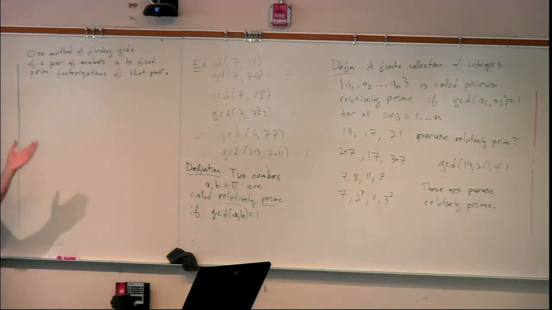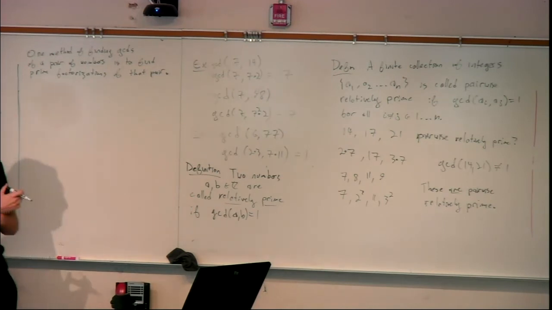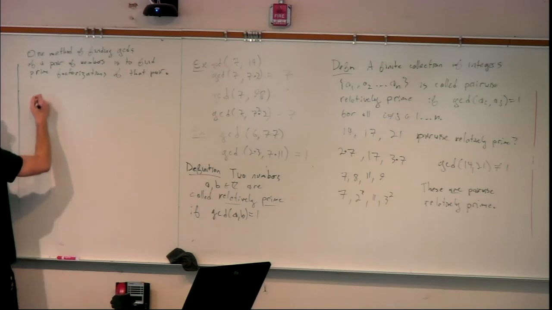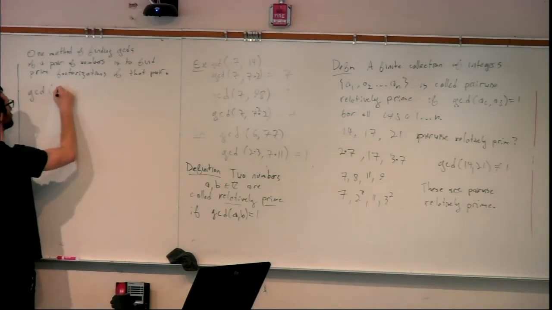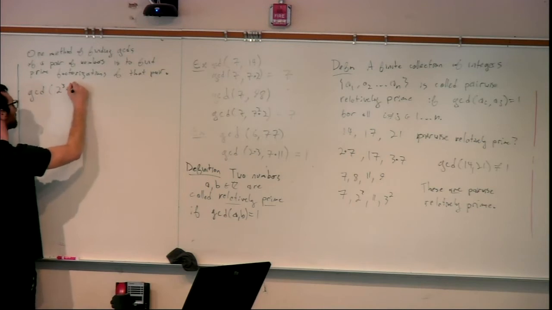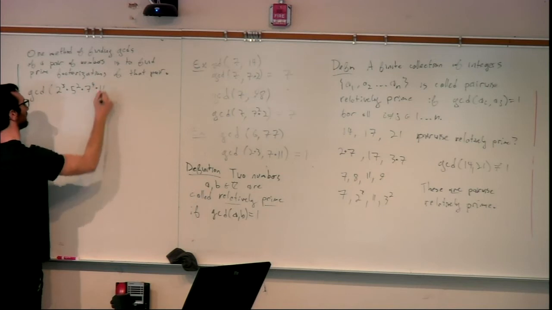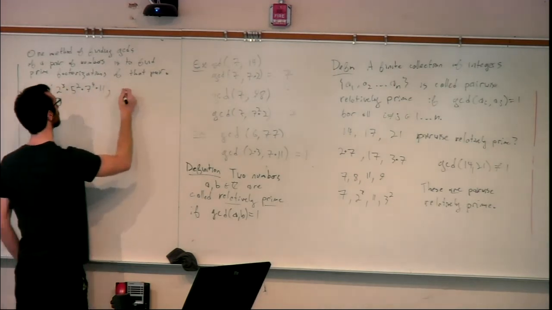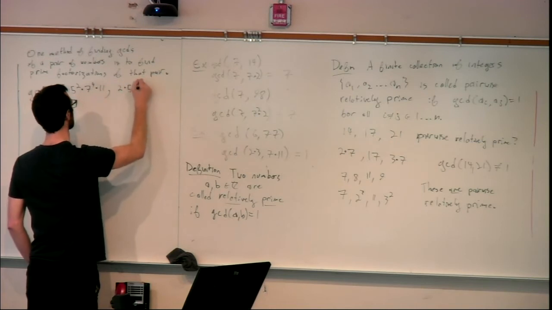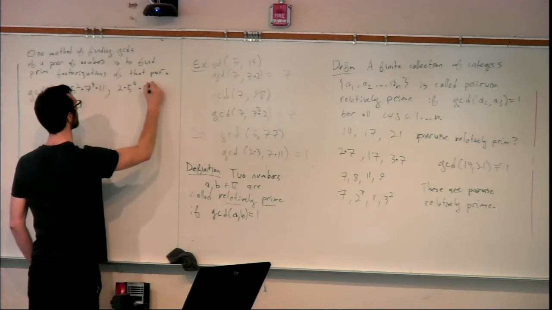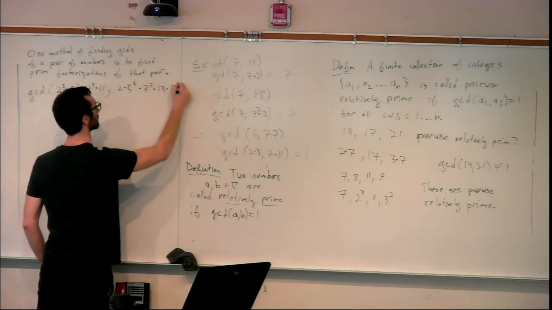I just want to show you an example of what's going on here. Let's say that I'm trying to find the GCD of 2 cubed times 5 squared times 7 to the 4th times 11, and 2 times 5 to the 4th times 7 squared times 13 times 17.